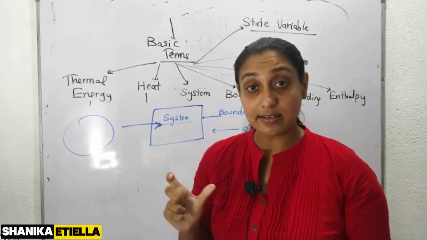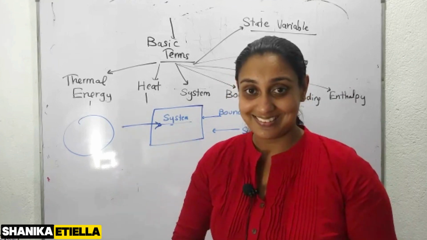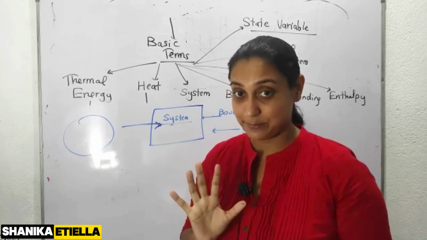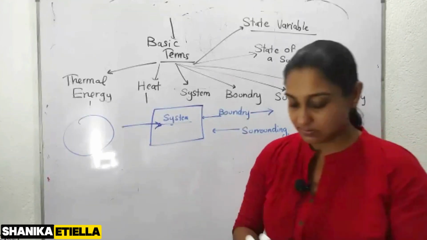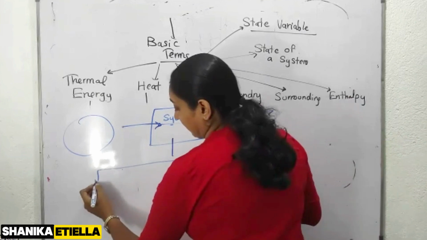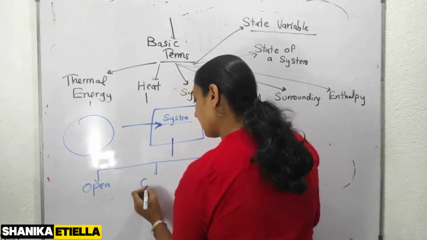Okay. Then I can categorize these systems into 5 major parts. Open system, closed system.